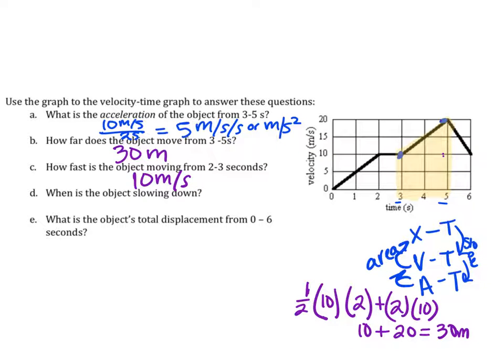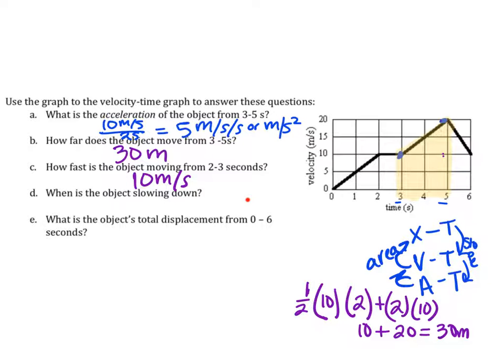Now for part D, we're looking for when the object is slowing down. Again, this is when it's important to think about what type of graph you're looking at and what is going to tell you it's slowing down. Before you even look at the graph, think, what am I looking for to tell me I'm slowing down? You want to look for a diagonal line that is approaching 0. If it's above the x-axis, it's going towards it.